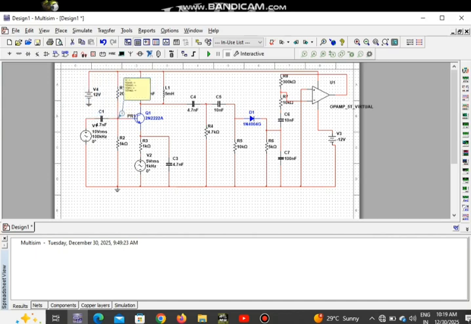Then voltage point 1, voltage point 2, voltage point 3, and voltage point 4.